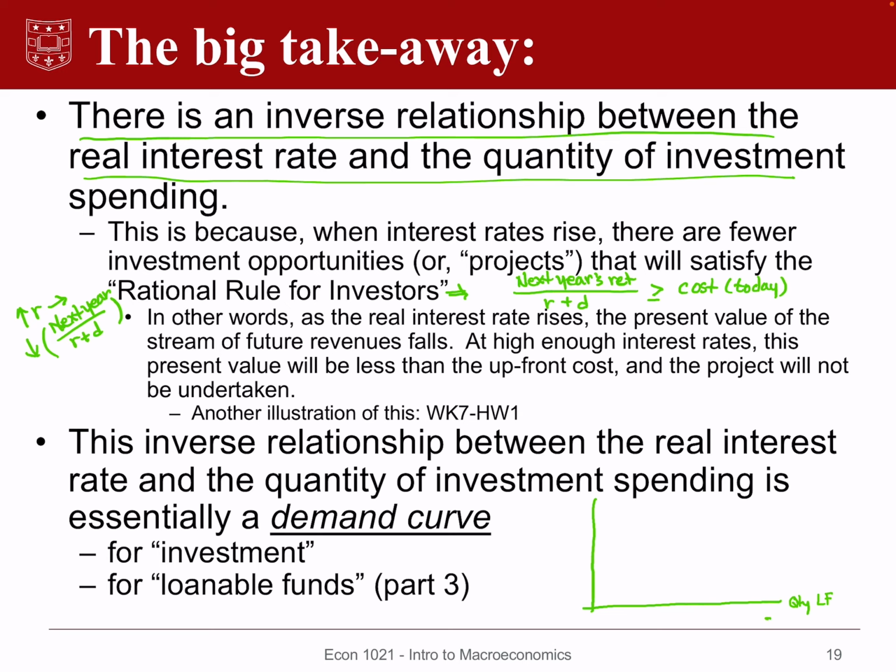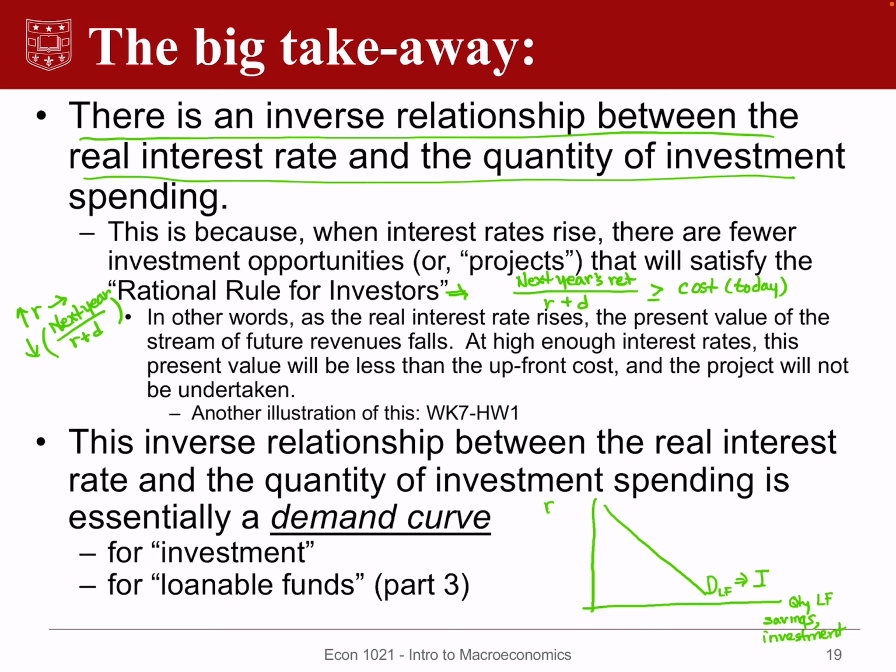What are loanable funds? It's the level of savings in the macroeconomy and the level of investment undertaken in the macroeconomy. We're going to put on the vertical axis the real interest rate, and draw a downward sloping relationship. We'll call this the demand for loanable funds.